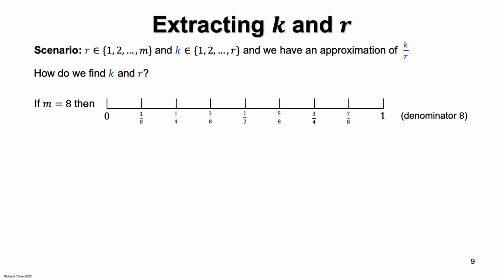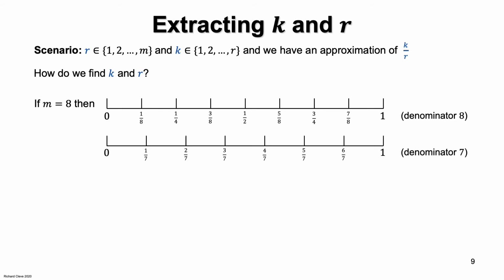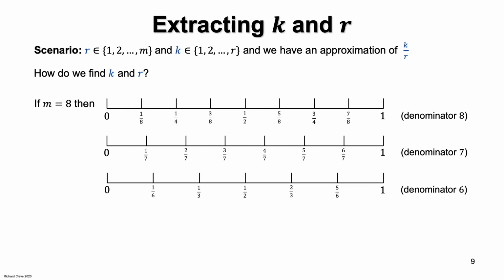Here are the rational numbers with 8 in the denominator: 0, 1/8, 2/8, which is 1/4, 3/8, etc. Now, here are all the rational numbers with 7 in the denominator. Here are the rational numbers with 6 in the denominator.